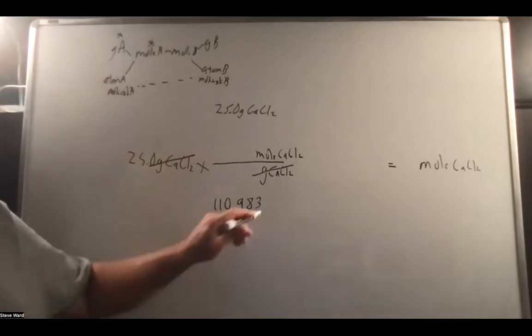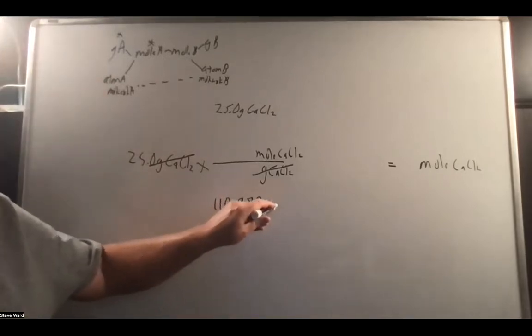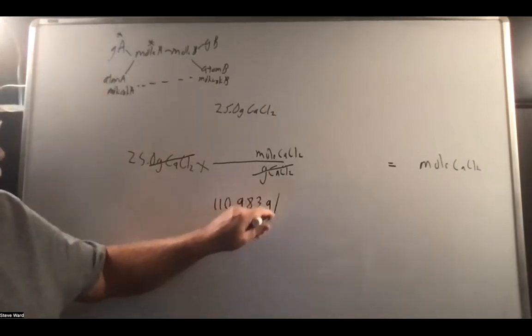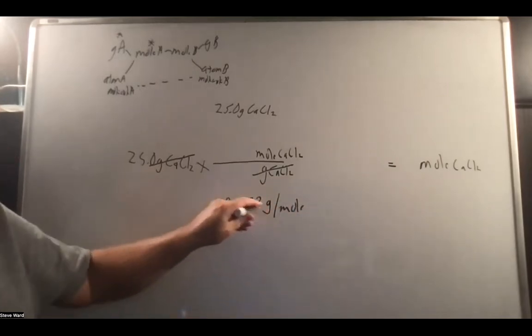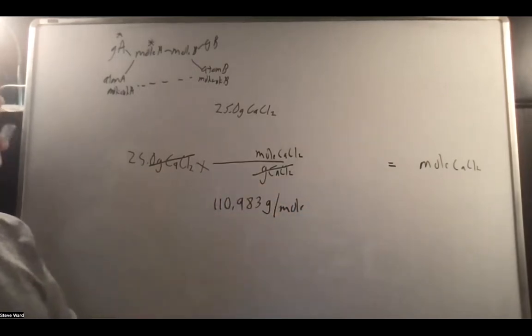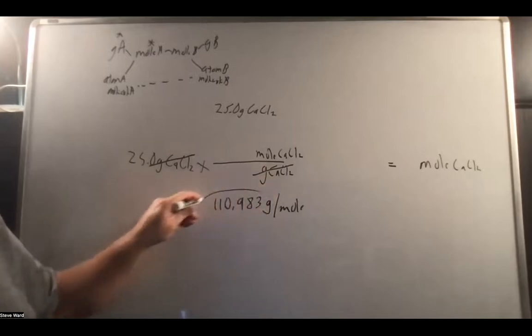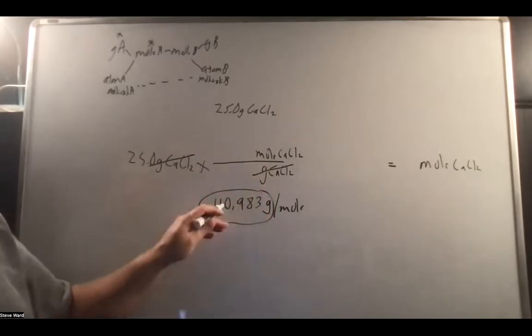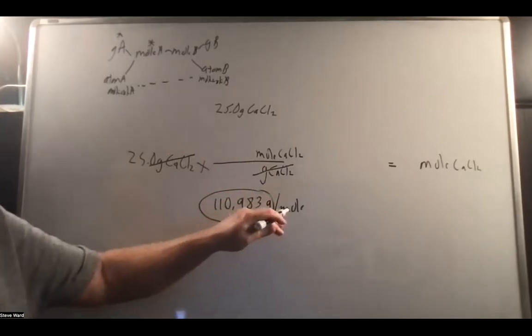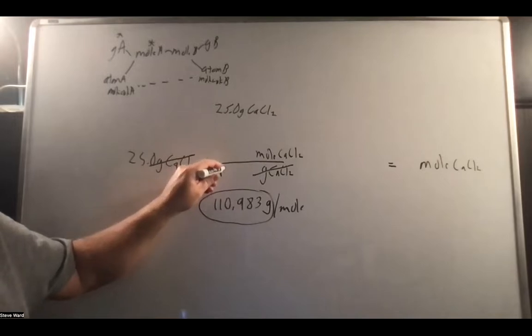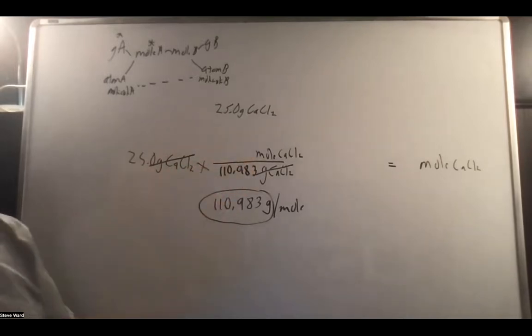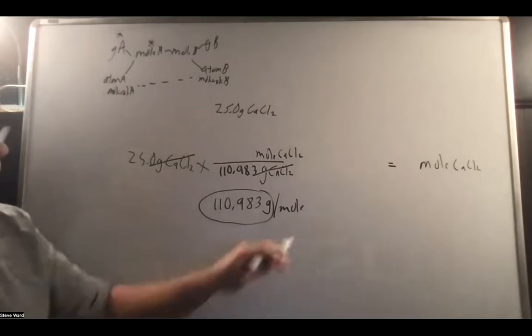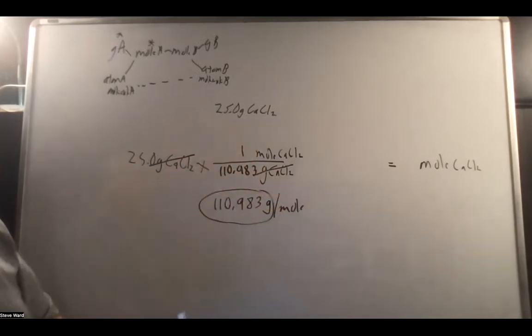The units are, remember, always grams per mole. So notice, if that's the units of molar mass, the 110 is written beside the word grams. So it has to be on the bottom in my dimensional analysis problem. And 1 goes on the top.